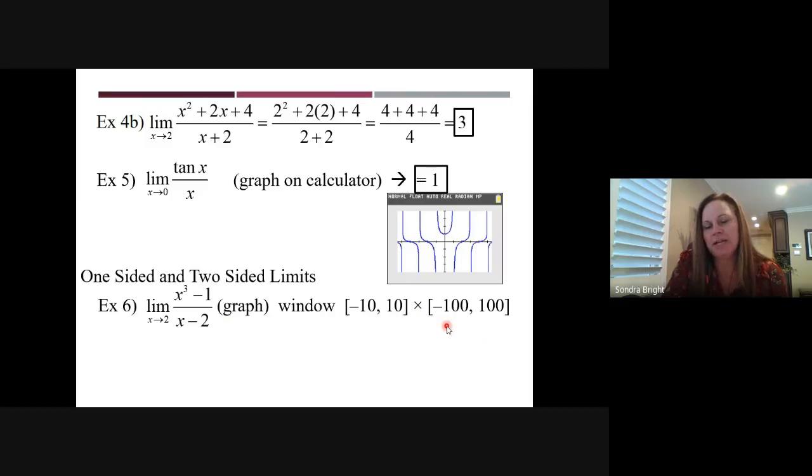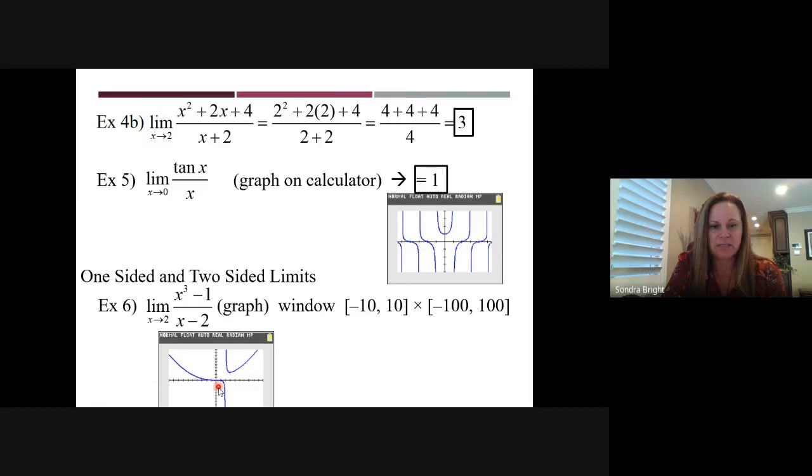Honestly, I would probably change the y scale to 10, but I don't think it'll be an issue if you don't. Then you hit graph and you should get something like this. I have these little tick marks set at 10, so that's why I only got that. Now, what they want to know is what's the limit as x approaches 2? So at x equals 2, here's x equals 2.